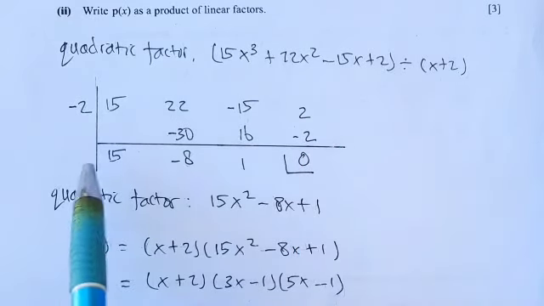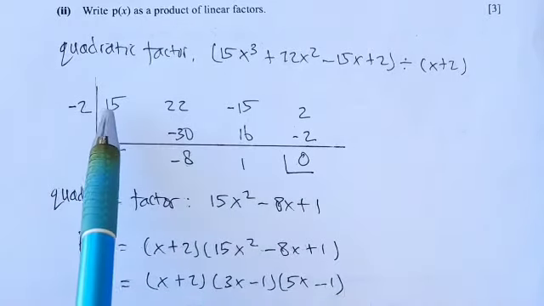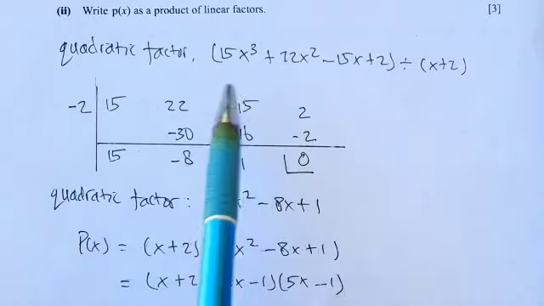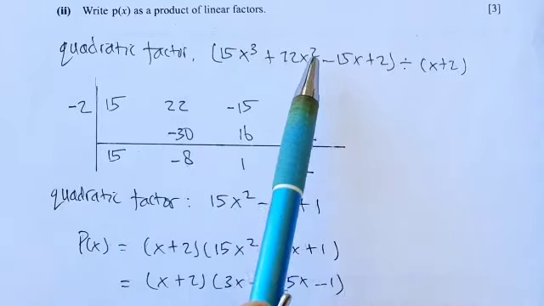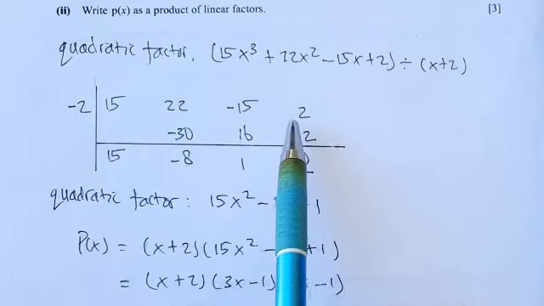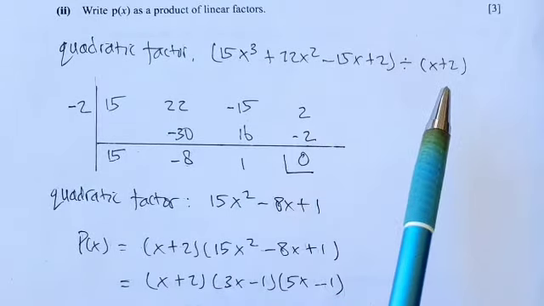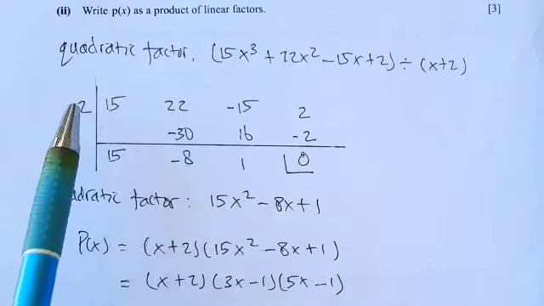Here I do it by synthetic division. These are the coefficients of the polynomial: 15 for x cubed, 22 for x squared, minus 15 for x, and 2 is the constant. Now x plus 2 equals 0, thus x is minus 2.